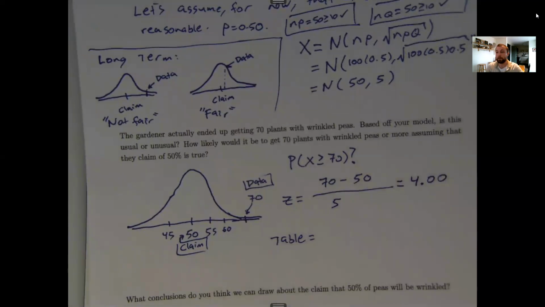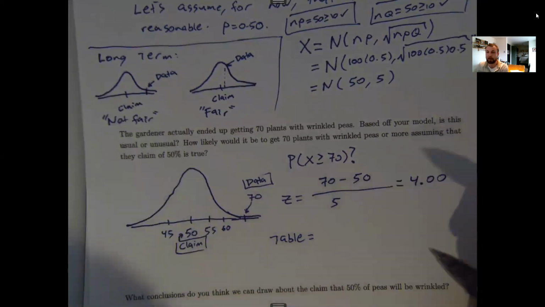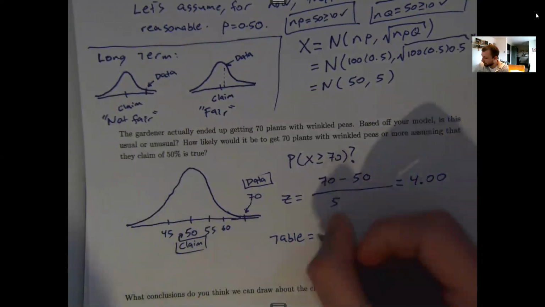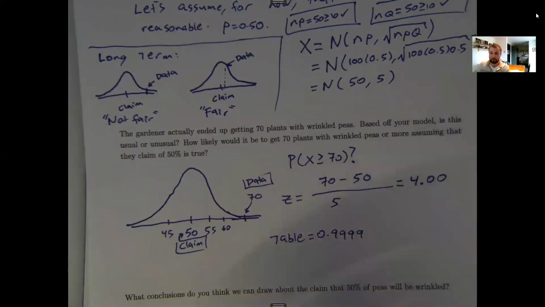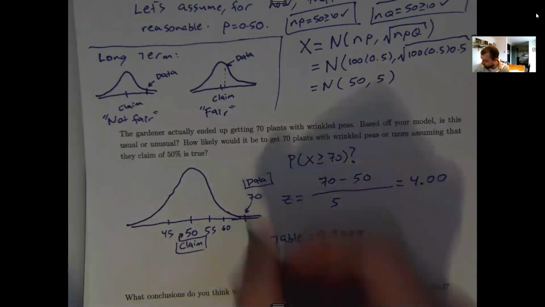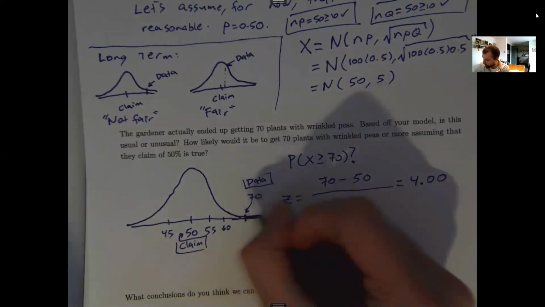I'm going to try to look 4 up on that normal table, but I already know that it's off the normal table because the highest thing I have is like 3.49 or something like that. So my table value is going to be something like 0.9999.